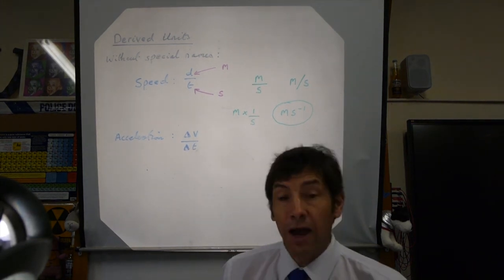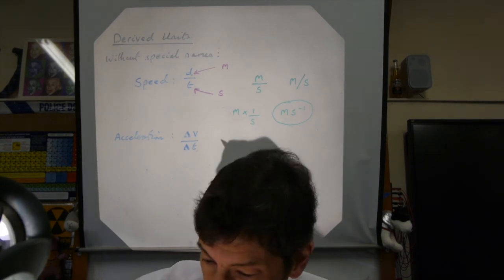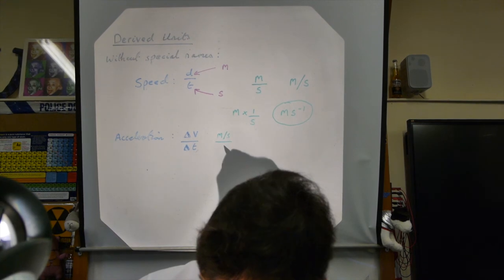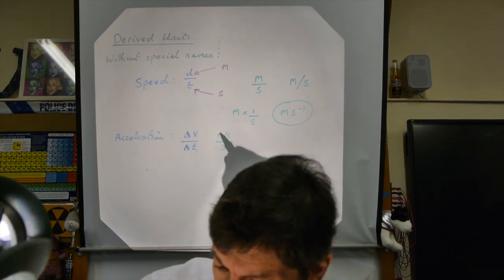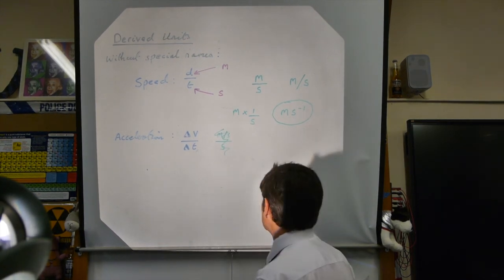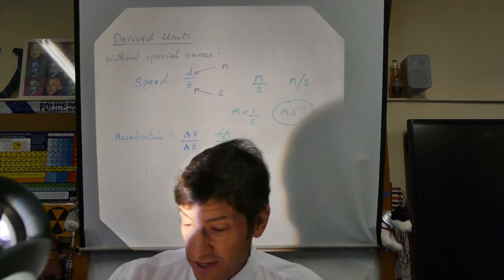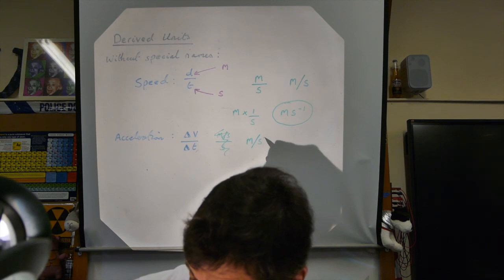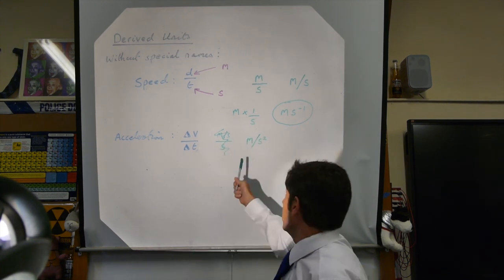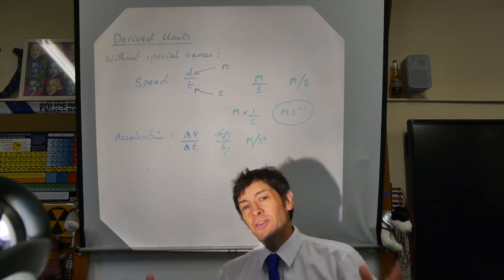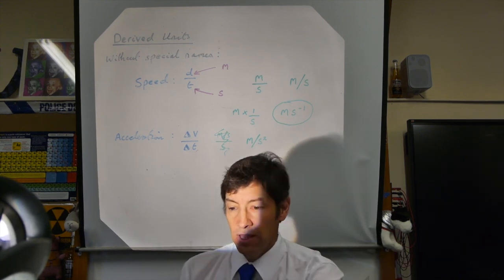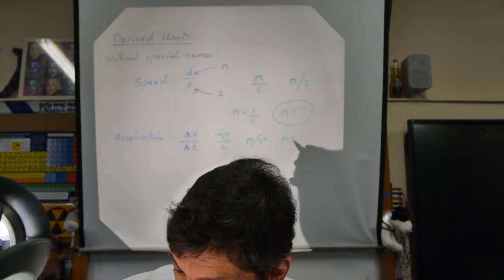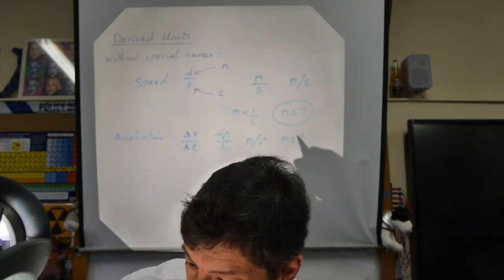That's quite awkward because it's sort of meters per second divided by seconds, but I don't like that at all. It doesn't make sense. What you learnt at GCSE was meters per second squared, and I think you're ahead of me on this one. At A-level, this is not good enough, so we're going to write meters seconds to the minus 2.